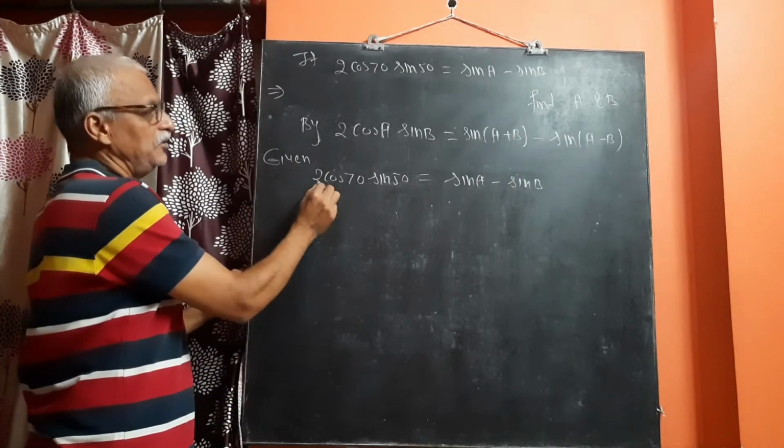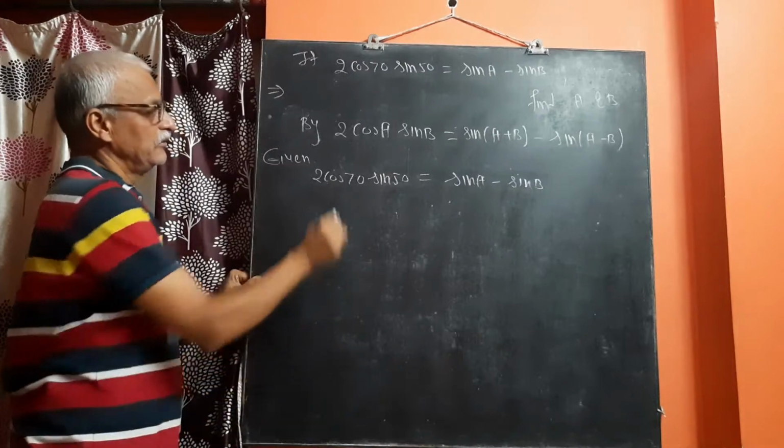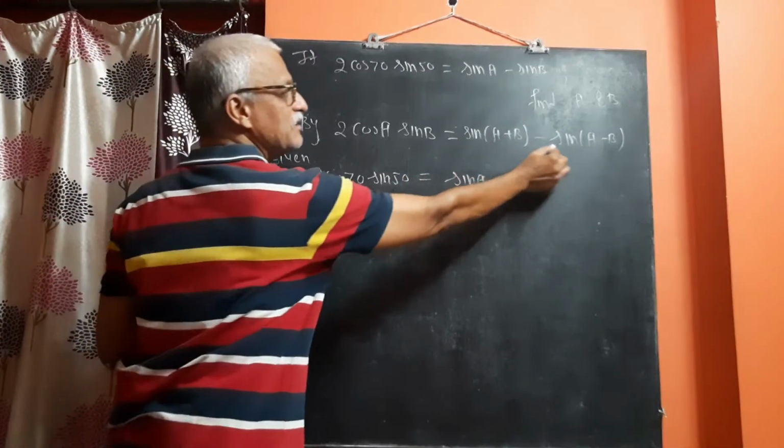Now apply the 2 cos A sin B formula. What is 2 cos A sin B? Sin A plus B minus sin A minus B.